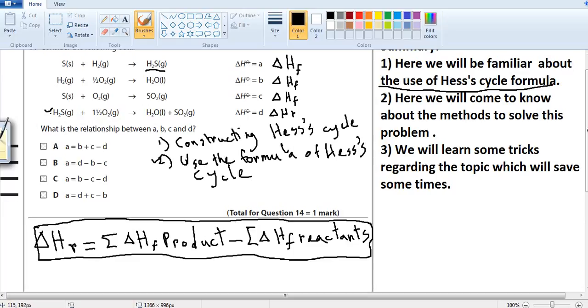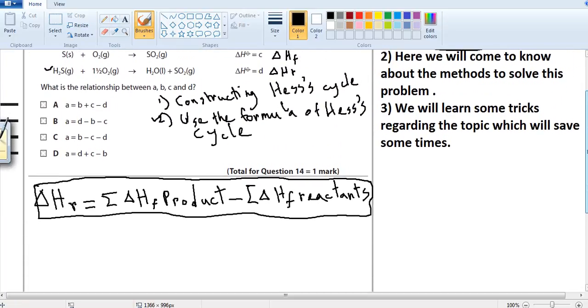Sorry, this last one is the enthalpy of reaction, since no other product is formed here, and these other three are enthalpies of formation.